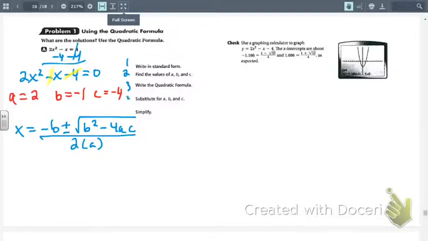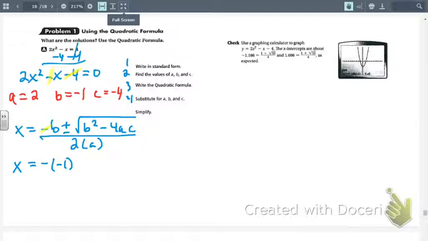The fourth step is to plug in, substitute a, b, and c into the formula. So x equals. Now, this is where you may run into an issue if you're not careful. Always write down that negative sign, and then whatever your b is, get into a habit of putting it in parentheses. So our b is negative 1.